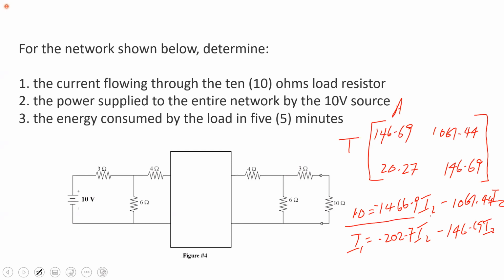From the first equation, straight off the bat, you're able to calculate I2. From the second equation, the value you get from the first, you substitute, you get I1. So you now have V1 equal to 10, you have I1, you have I2. 10 times minus I2 gives you V2.